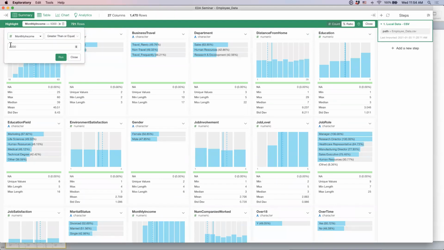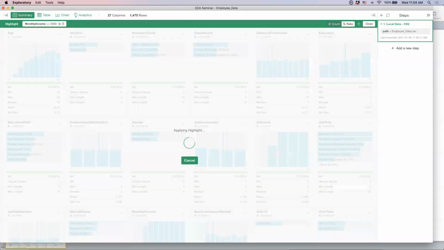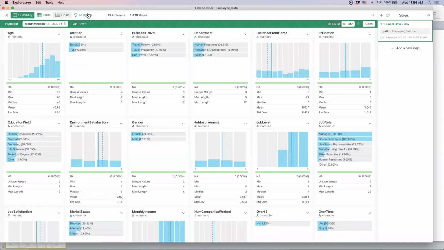So in this company, who are making greater than $10,000, where are they? The job level seems to be greater than 3. Education, there's not much difference. It seems like higher educated folks tend to be making more money, probably.